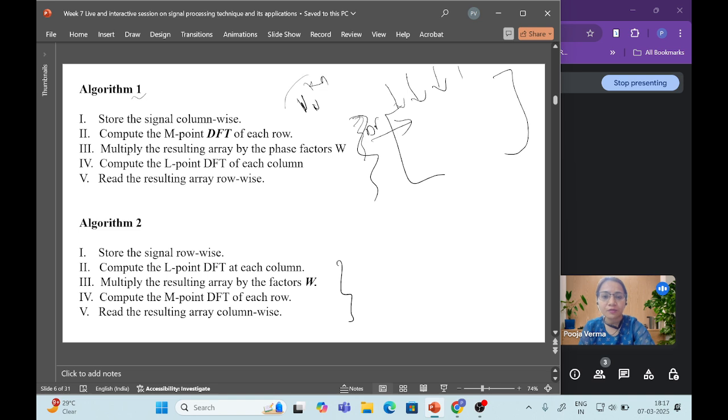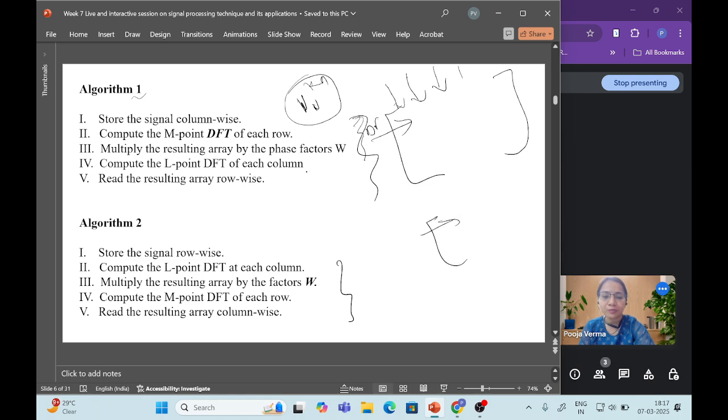This is also called a phase factor. Then we need to follow these steps if we are asked to solve any problem using the divide and conquer approach. Then compute the L point DFT for each column, then read the resulting array row wise.